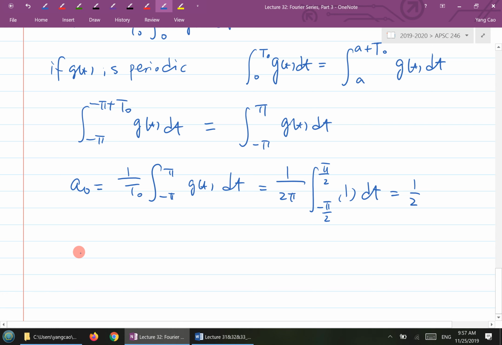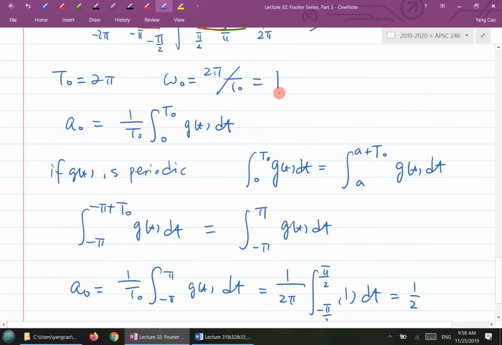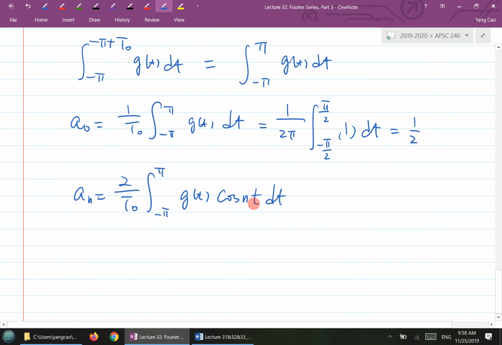So that's A naught. And the an is 2 over T naught, and again we'll use negative pi to pi, g of t times cosine n omega naught t. Omega naught, as we calculated, is 1, so there's no omega naught here anymore.